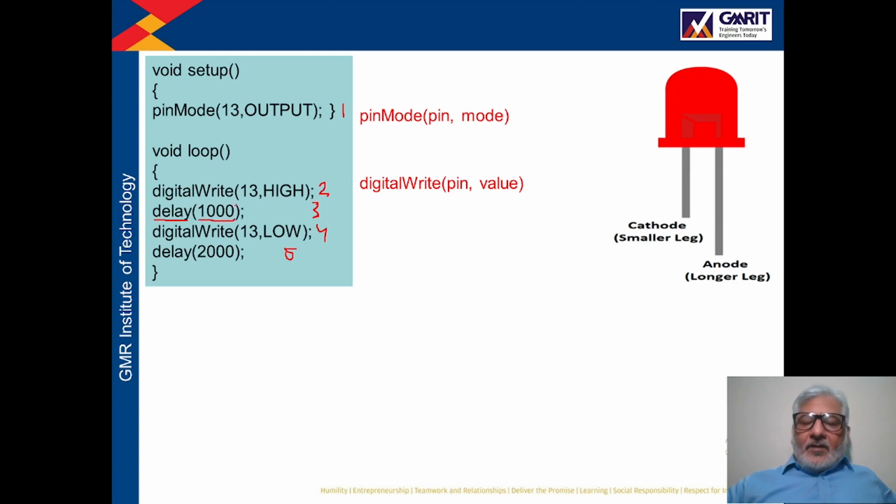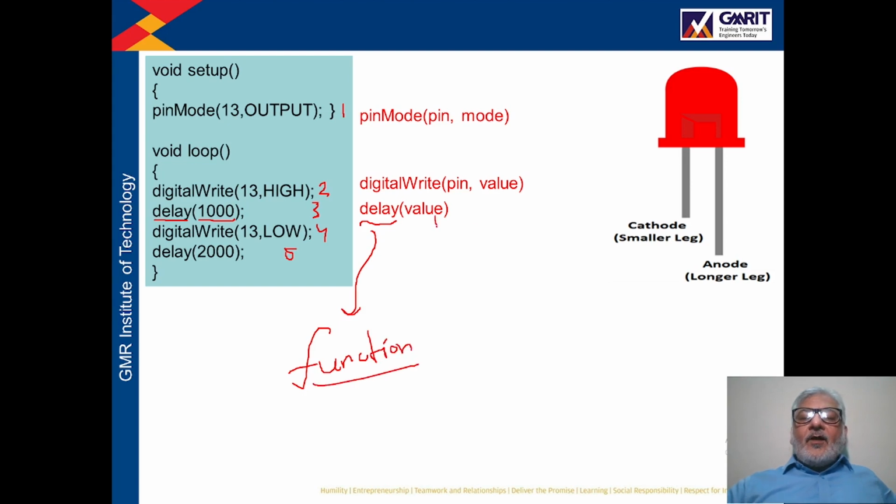delay within brackets 1000. Here delay is also a function, and it has only one argument. Whatever value you write inside this delay function will be expressed in milliseconds.